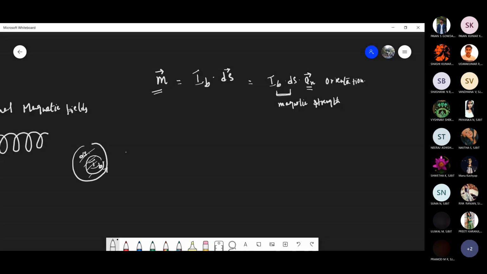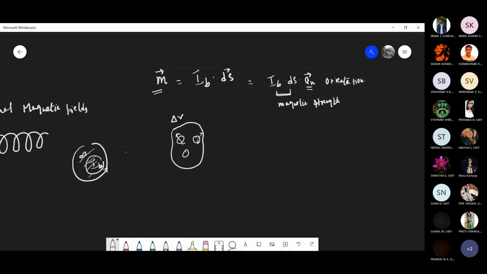What is magnetization? Magnetization in any material is associated with atomic current loops generated by the orbital and spinning motion of electrons. Suppose there are n number of magnetic dipoles in a small volume delta V. These would be the atomic currents, randomly oriented.